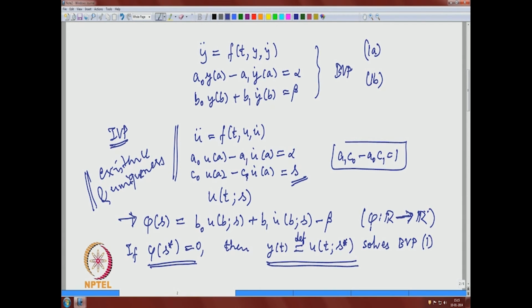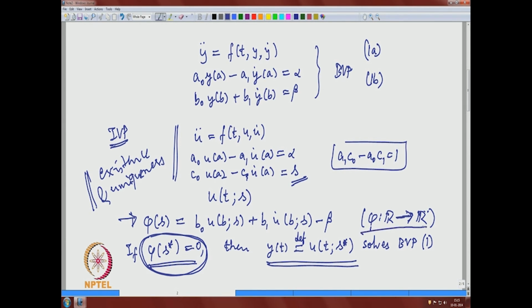So, if you go to higher order equations or more general systems of first order equations, then this phi will be a mapping from some Euclidean space to some other Euclidean space, and the study of the existence of its zeros becomes more complicated, and that is where you need tools from non-linear analysis.